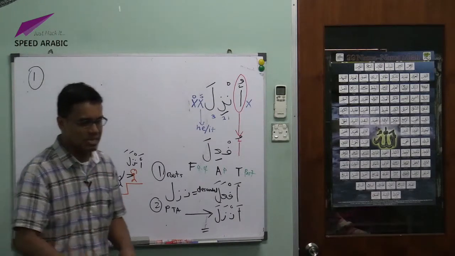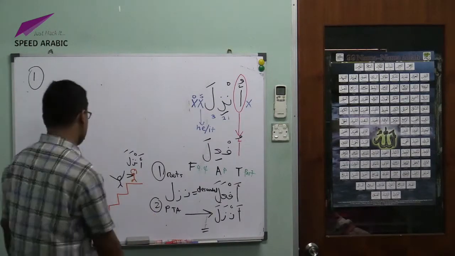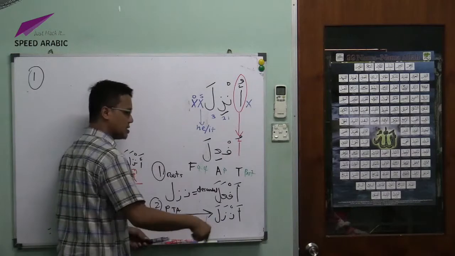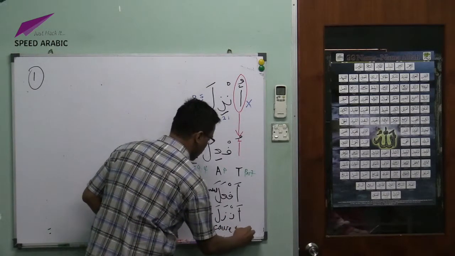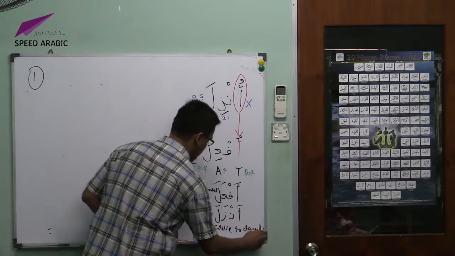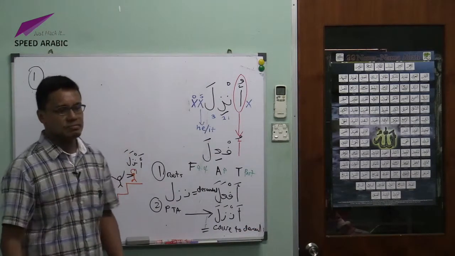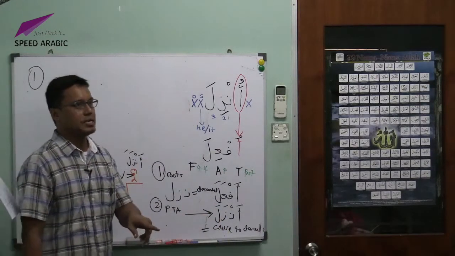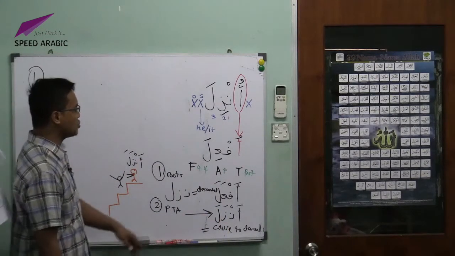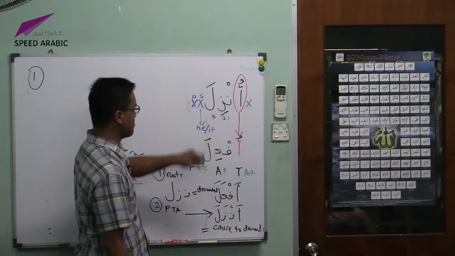Once you get that meaning, you will write the meaning here at 6.2, cause to descend. So number 7, you apply the meaning based on the actual tense. What's the tense for unzila?